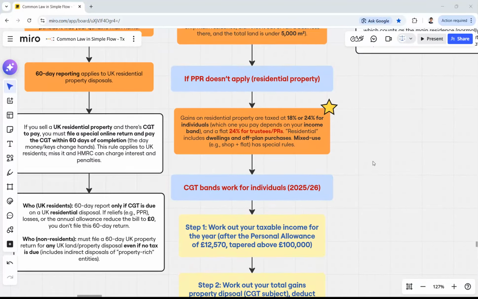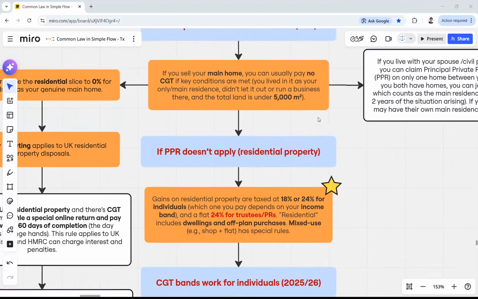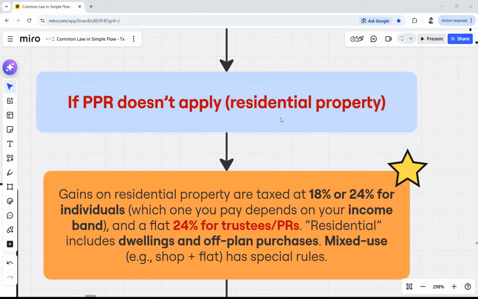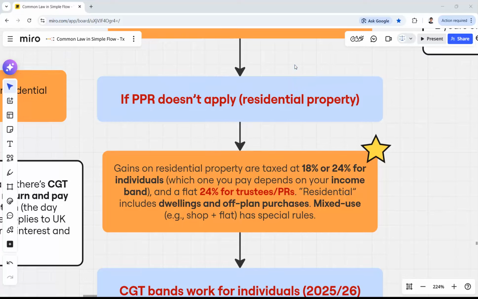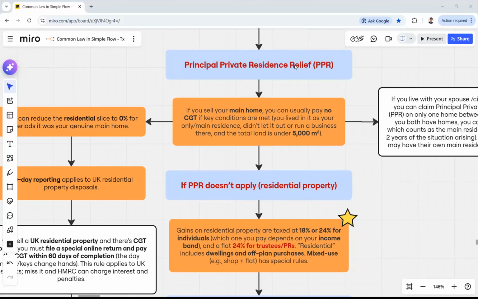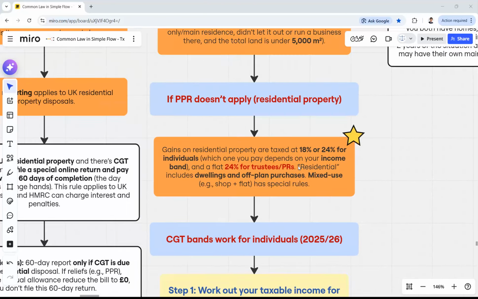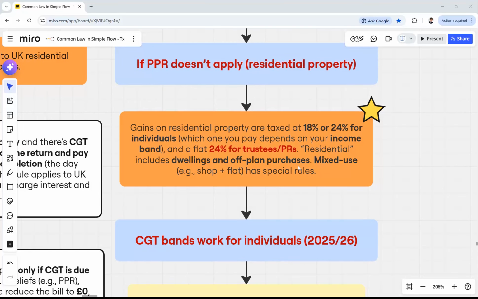Now let's go back. Let's play with numbers a bit. If PPR, the principal private residence relief, doesn't apply to the residential property, then we may pay tax. Gains on residential property are taxed at 18% or 24% for individuals.